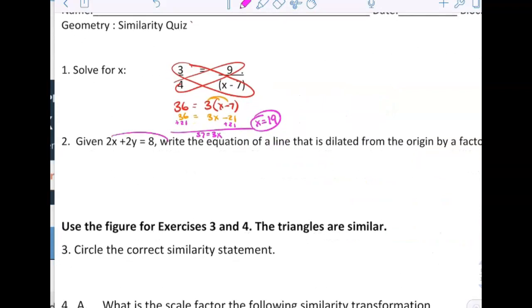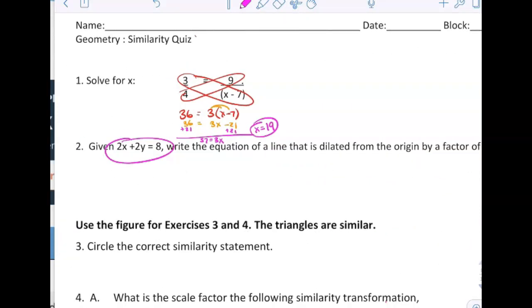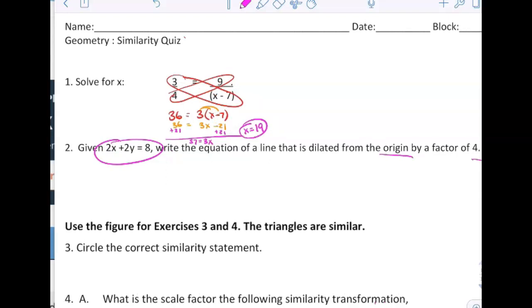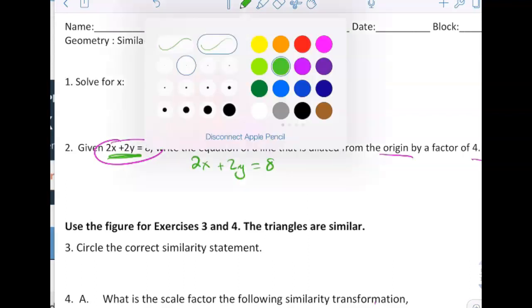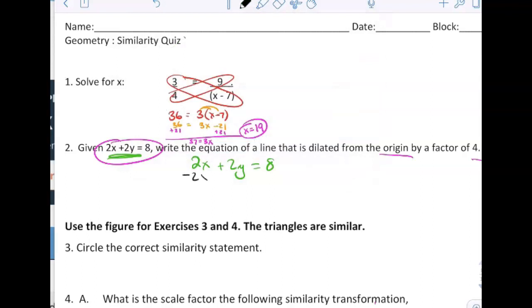Number 2, given this line, dilate from the origin by a factor of 4. Something wrong with this line. It's not equal to y yet. I'm just going to copy it over first, and then I'm going to rearrange it so it's equal to y.